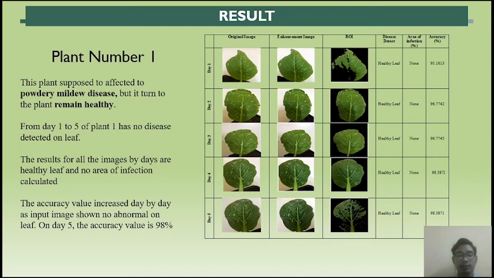The result for all images by the days are healthy leaf and no area of infection calculated. On day 5, the accuracy value is 98. That means the accuracy increases day by day.